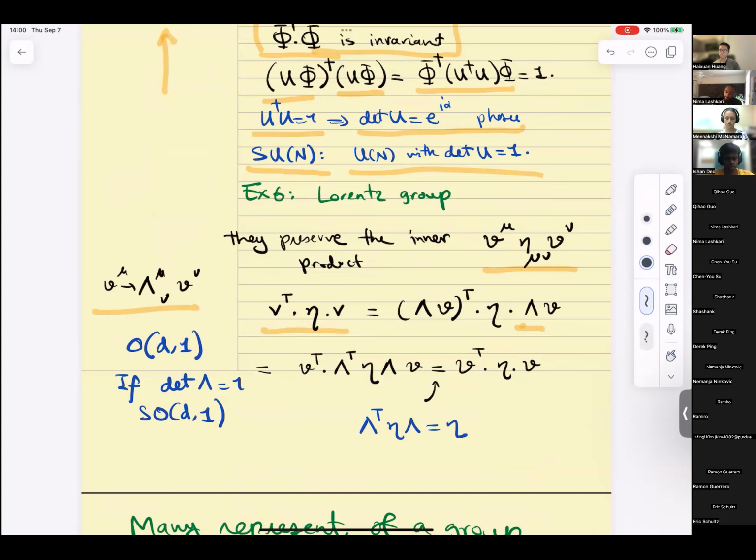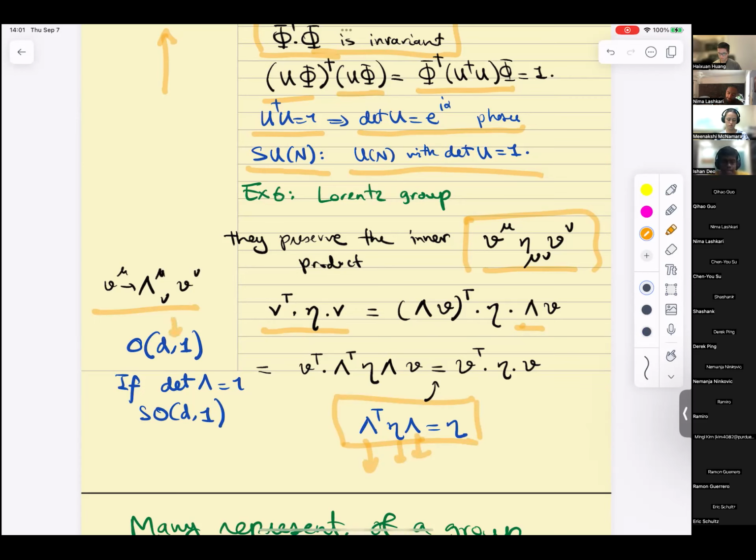And the very fact that it has to keep this inner product invariant, this inner product had a name in relativity, right? It was proper length. So it has to keep proper length invariant. Going through the same exercise, you see that it should act in the following way: the Lorentz transformation matrix transpose times the flat space metric times lambda should be eta.